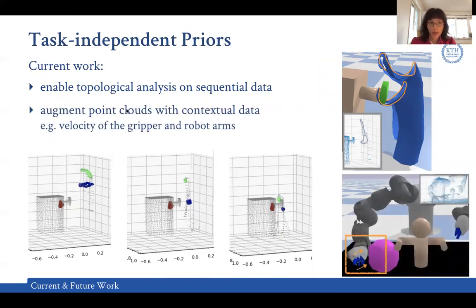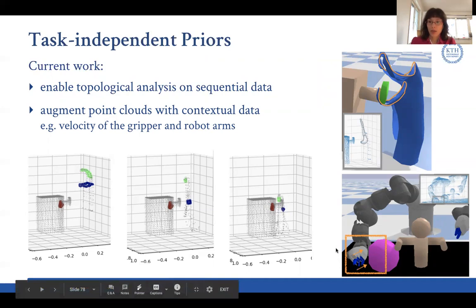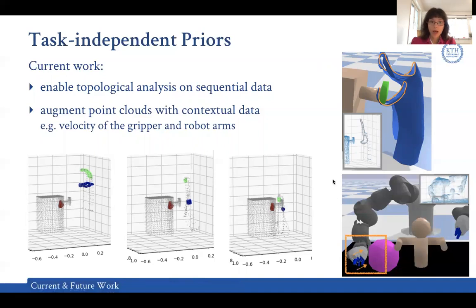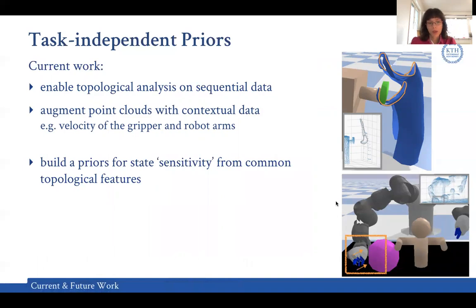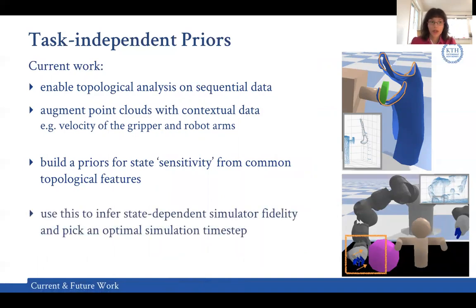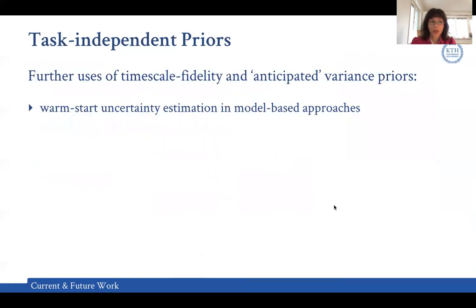We can also augment point clouds with contextual data, like the velocity of the gripper and robot arm, and improve the topological data analysis that tells us about the connected components and loops that appear in the scene, by being focused on the parts of the scene that matter. With this, we can build a prior for state sensitivity for common topological features and use this to infer state-dependent simulation fidelity to, for example, pick an optimal simulation step. This is what we would like to do.